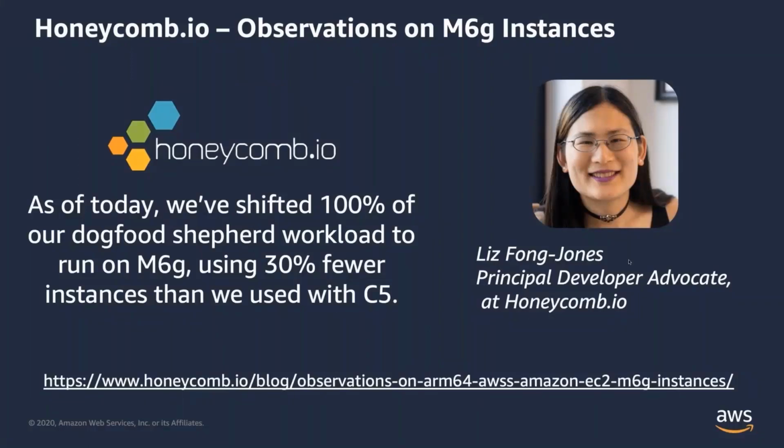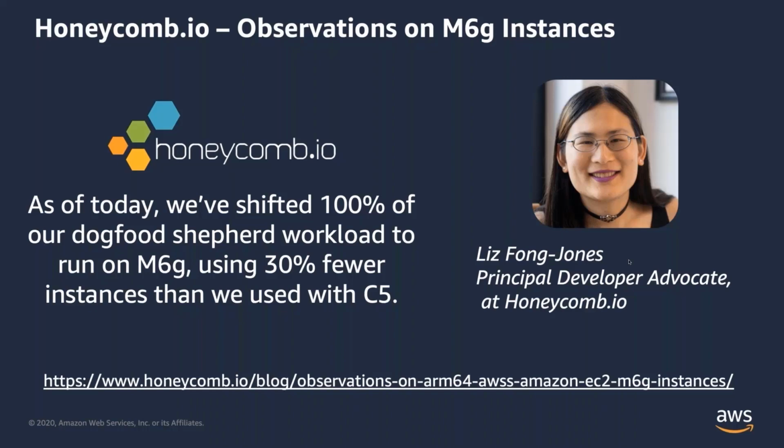Honeycomb.io, which is providing a monitoring and observability framework for applications, has also ported its application to M6G. And during the port of their application, they realized that it was really easy to move their application from Intel-based instances, C5 in that case, to M6G.